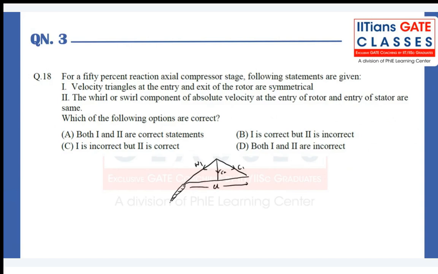So at the exit, again I have the exit velocity triangle with Ca, C2, W2 and U. Here we are making a few assumptions, that is we are analyzing at a given mean blade speed or mean given height, and axial velocity doesn't change as it passes through a stage.